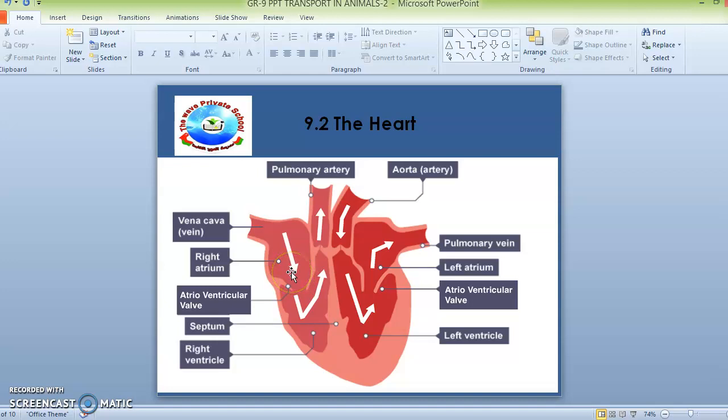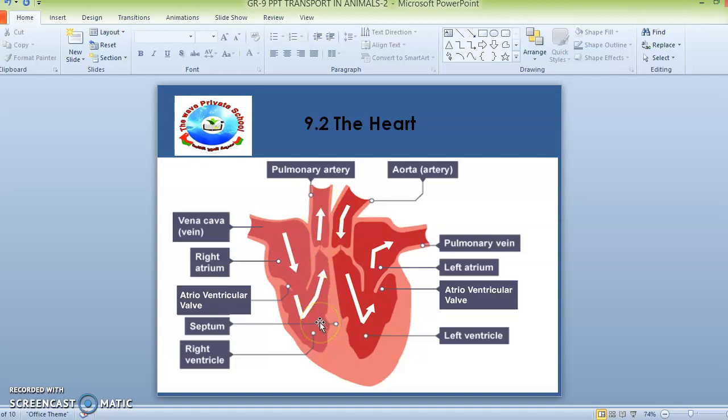From the atria, the blood flows into the ventricles. The ventricles then pump it out of the heart.